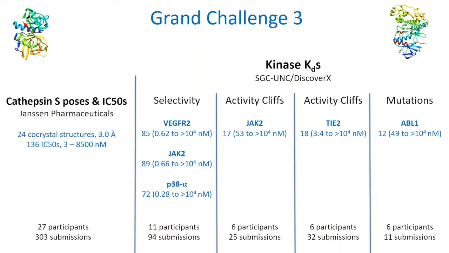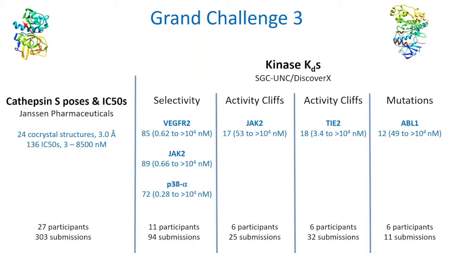We had a cathepsin S data set from Janssen Pharmaceuticals that had 24 co-crystal structures and 136 IC50s across a range of affinities. This had 27 participants and 303 submissions. And then we had a series of data that was co-developed by SGC and the University of North Carolina for compound creation, and then D3R actually contracted out KD measurements by DiscoverX.